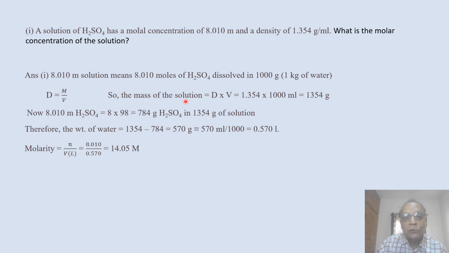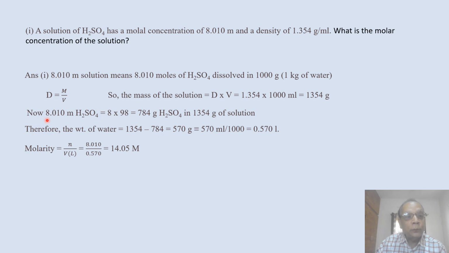So the mass of the solution is equal to D into V, transposing V on the left side, 1.354 into 1000 ml, assuming that 1000 gram of water at normal room temperature measures 1000 ml. We get the weight of the solution or the mass of the solution as 1354 grams.